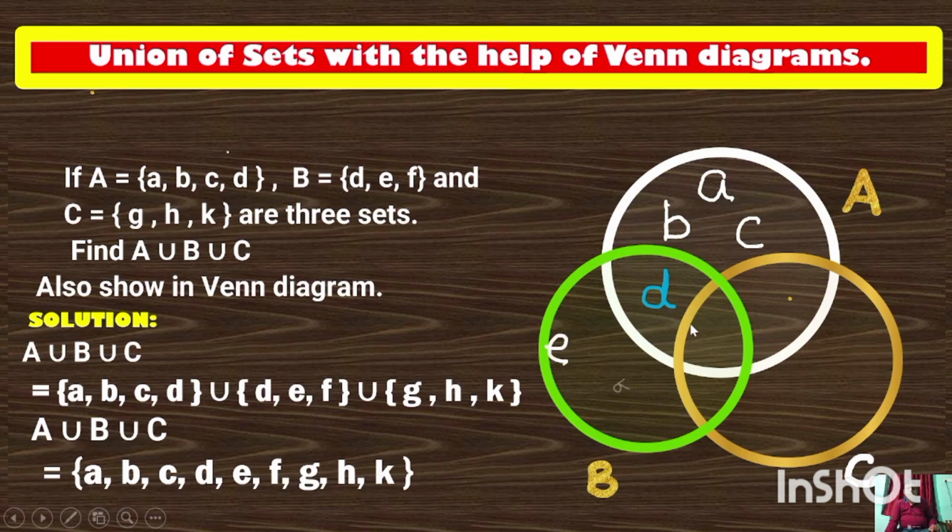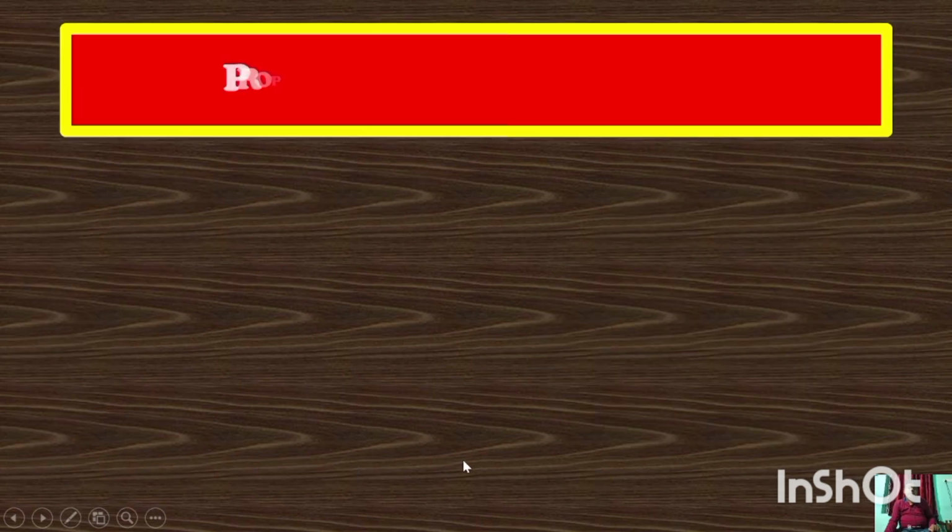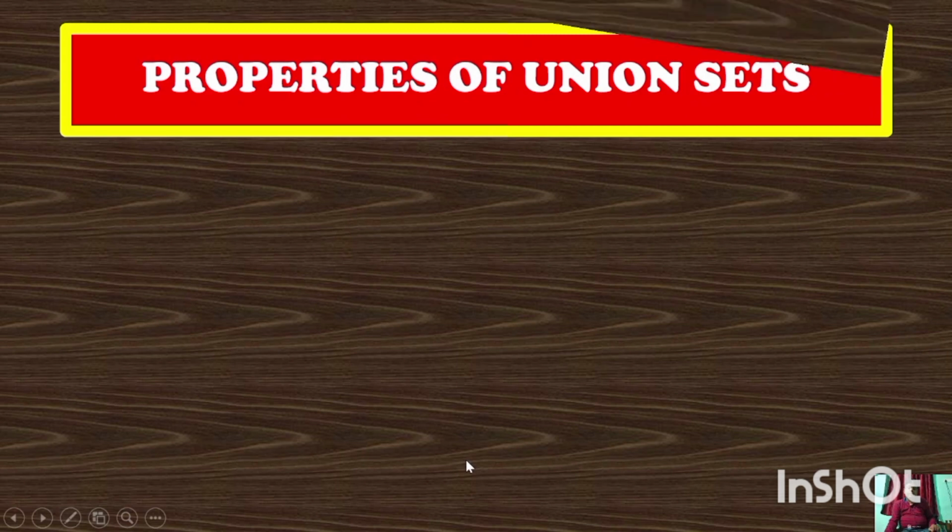And the elements of the set B are d, e, f. And this is the set C, and its elements are g, h, k. So all the elements are taken, and these are the elements of A union B union C. We have to take all the elements of the sets A, B and C. Is it clear? So this is the A union B union C.